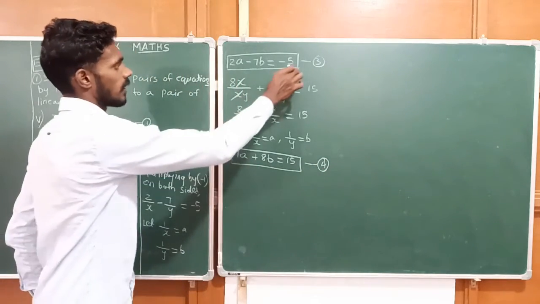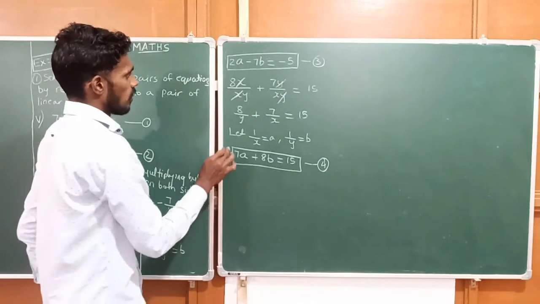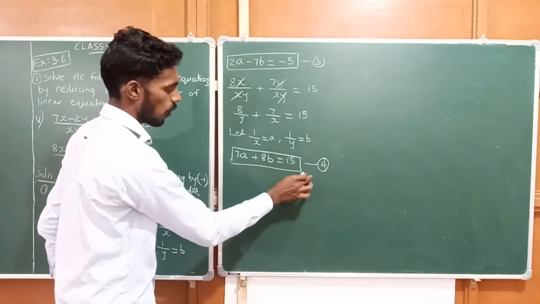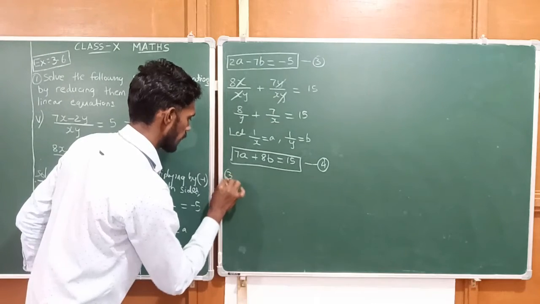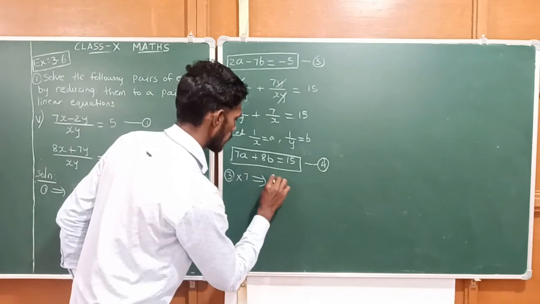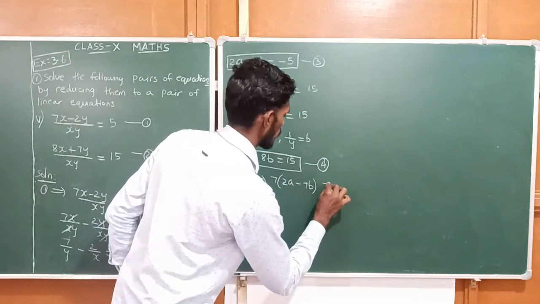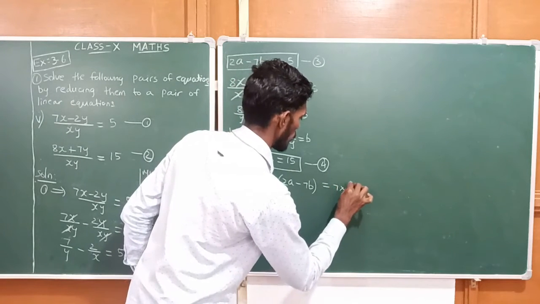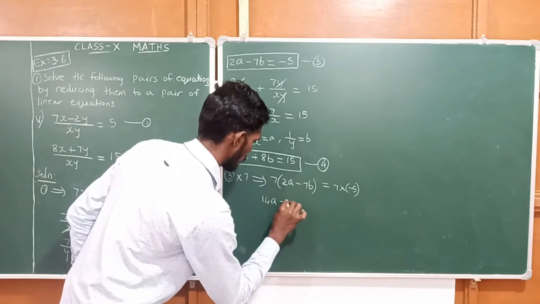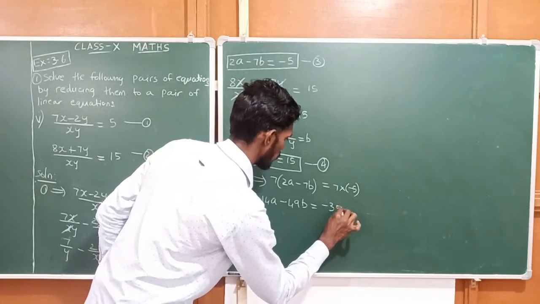Now we have got the equations 3 and 4. We have to solve these two equations. For that I am going to multiply equation 3 by 7 and equation 4 by 2. So equation 3 is getting multiplied by 7 on both sides, which will give 7 into 2a minus 7b is equal to 7 into minus 5. So it is 14a minus 49b is equal to minus 35.